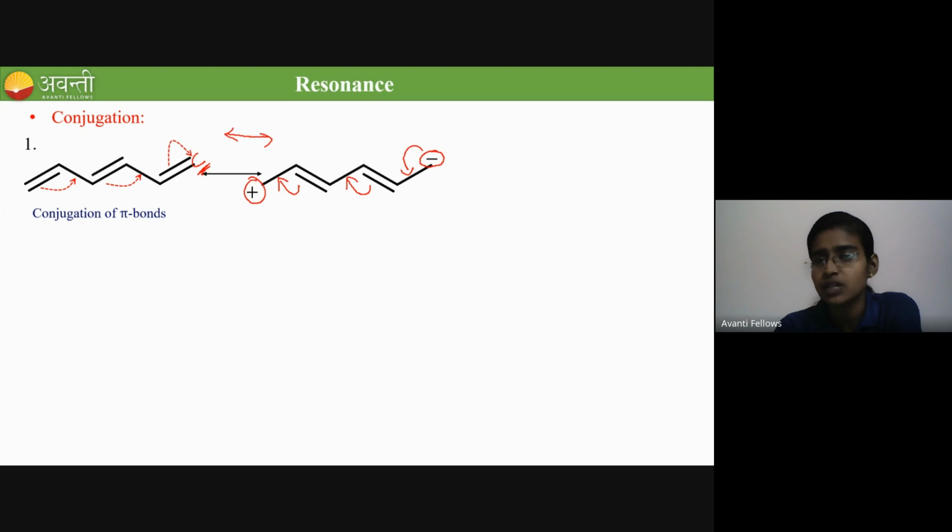And coming to the second type, it is the allylic cation. In allylic cation also it exists. So what is meant by allyl? Allyl means a 3-carbon containing system with one double bond and one single bond in it. Now the carbon which is singly bonded will carry the positive charge.